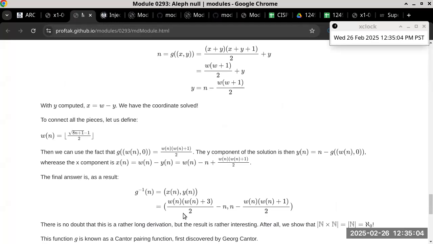I'll do this part on the whiteboard just because I'm out of real estate on the monitor. So we're looking at 20 times 23, the whole thing divided by 2, minus n, which is minus 20. So that's x. So what is it? 10 times 23. So this is 230 minus 20.